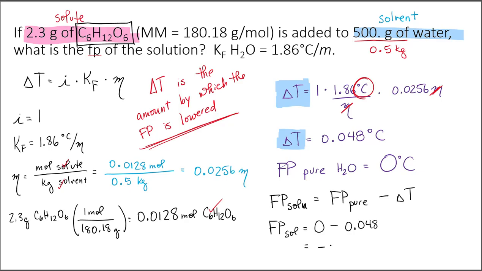The freezing point of the solution is negative 0.048 degrees Celsius. Be careful. Don't lose that last step. The delta T is not the answer. The delta T is the amount by which the freezing point is lowered. It is not the freezing point of the solution. It's just the change in. Delta means change in.